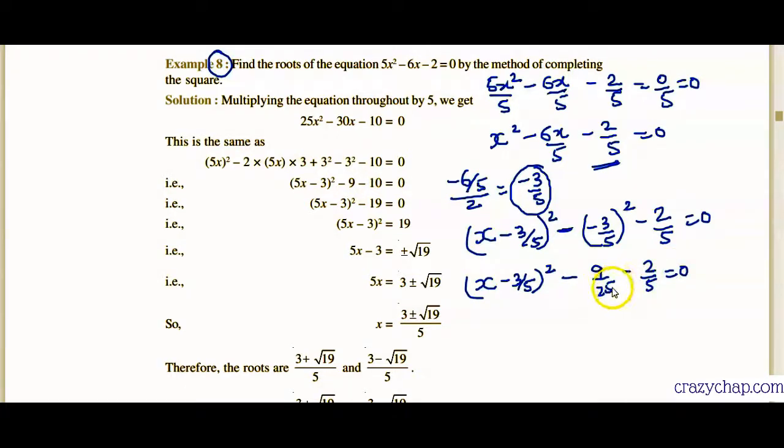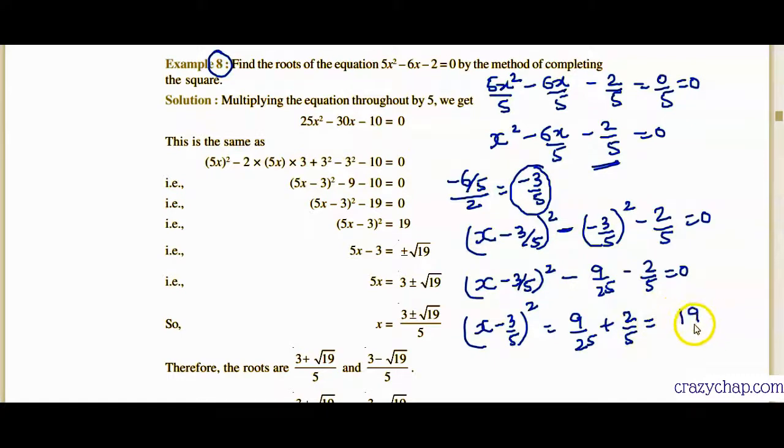We'll bring the terms to the other side. We'll get 9 over 25 plus 2 over 5, and this is x minus 3 over 5 whole square. Simplifying that, we multiply up and down by 5 to make the same denominator.